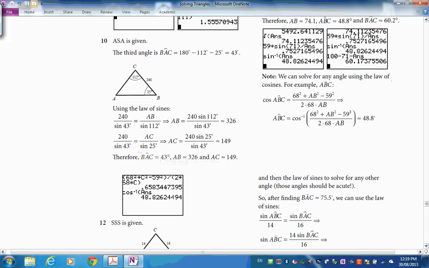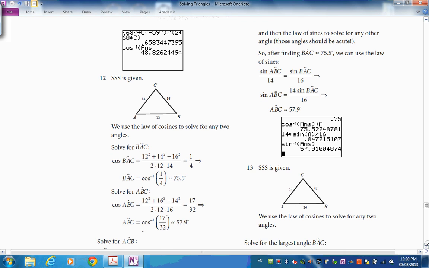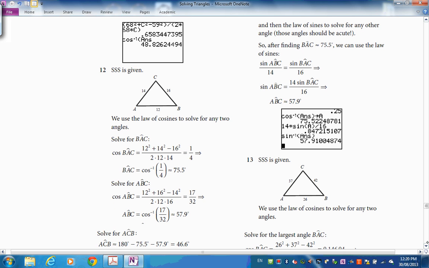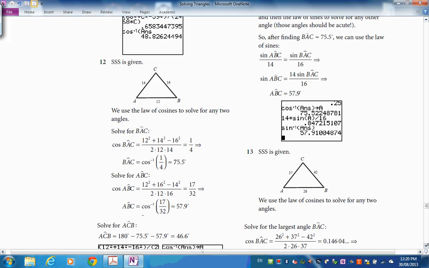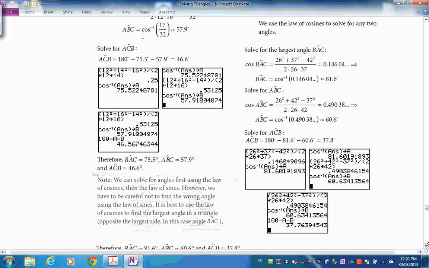And some other comments here on 11. Number 12. It's a bit messy doing it this way. Thirteen.